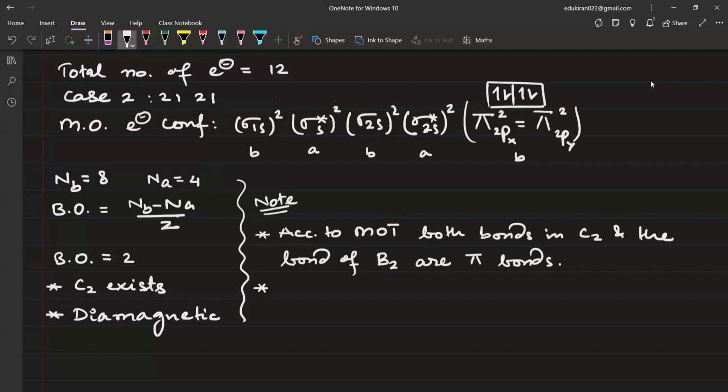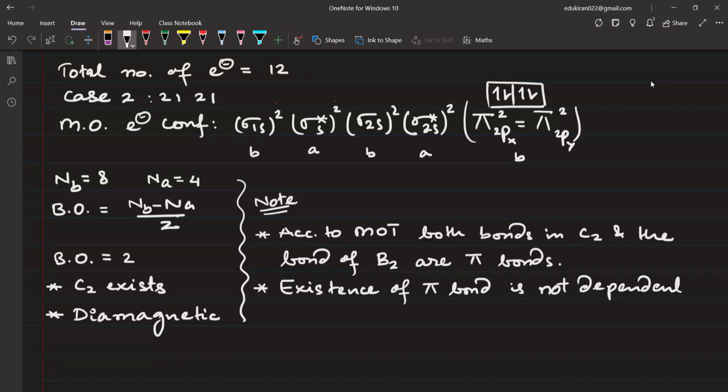That is why existence of pi bond is not dependent on sigma in molecular orbital theory. ठीक है? All of you understood this? Yes or no?